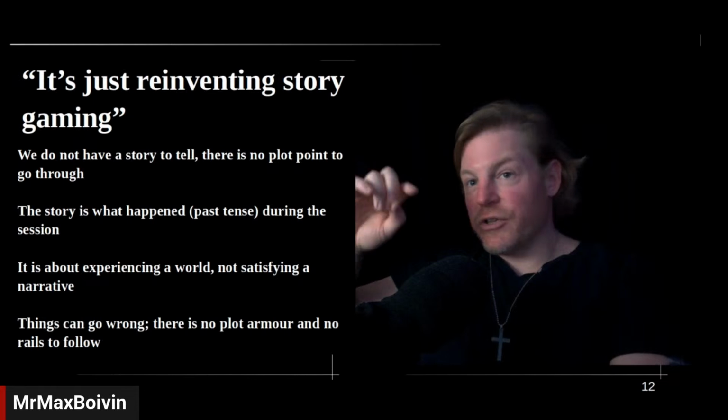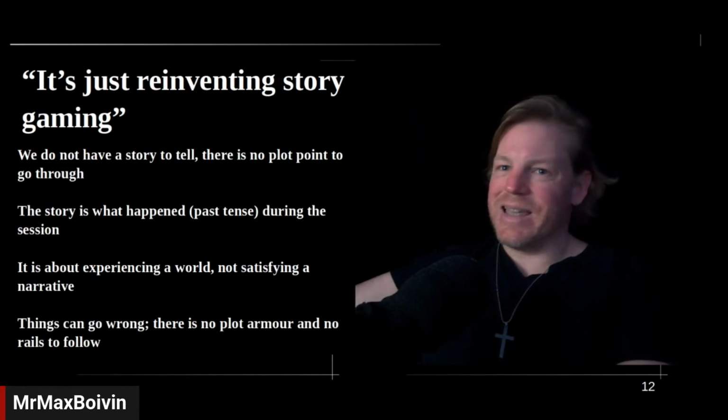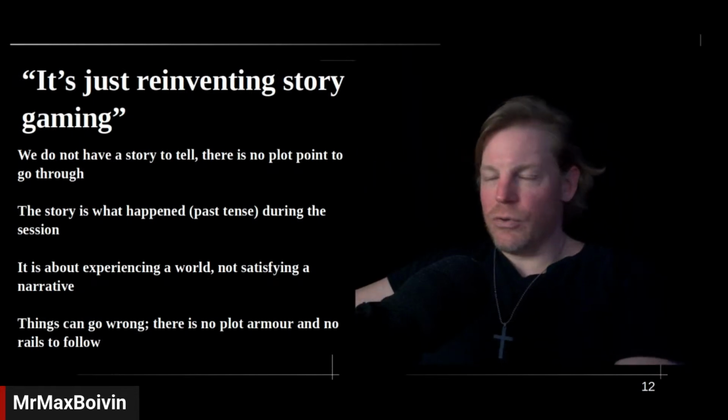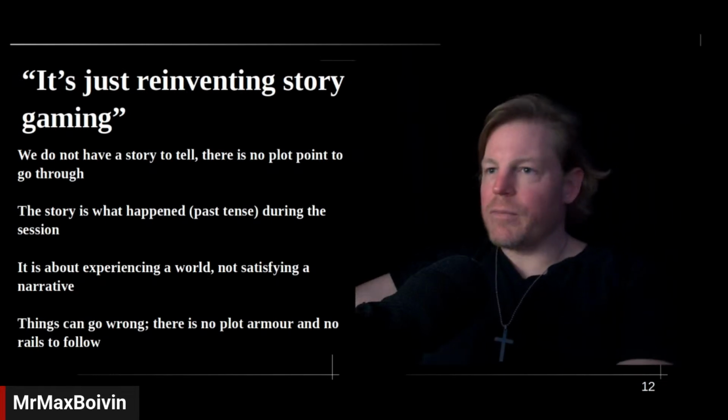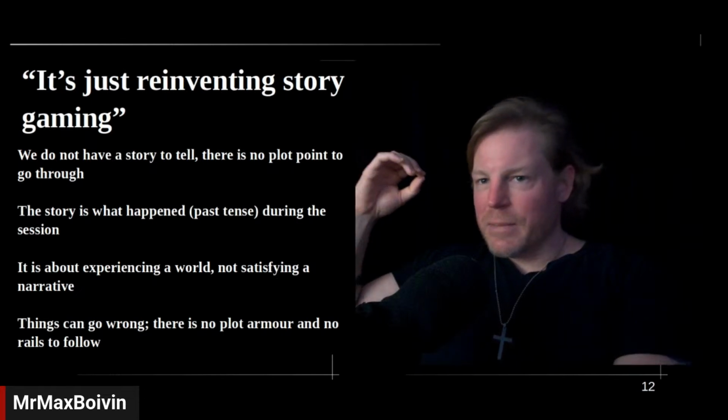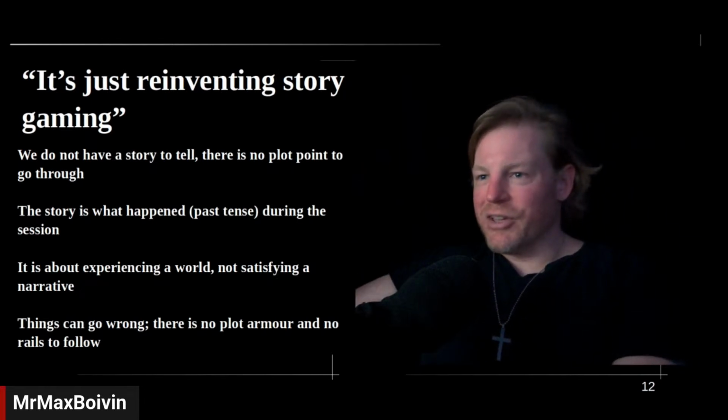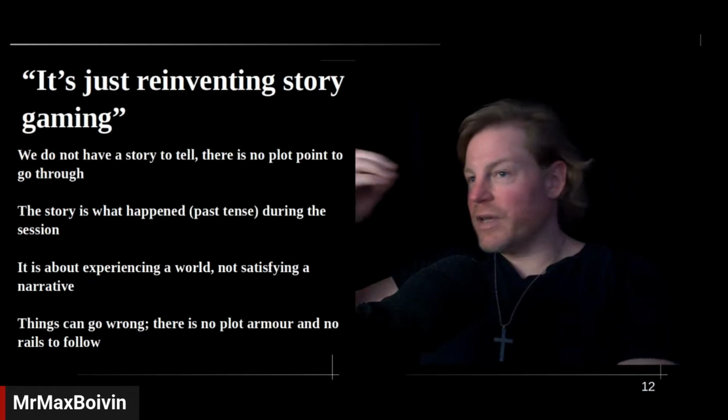The story, like I said, is what happened in past tense during the session. So the story is what you get after you played. You have to play the game to figure out what the story is. There's no story to go through. It's about experiencing a world, not satisfying a narrative. So that's what we try to do.